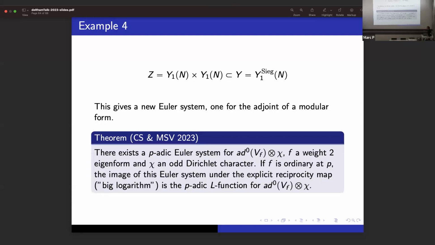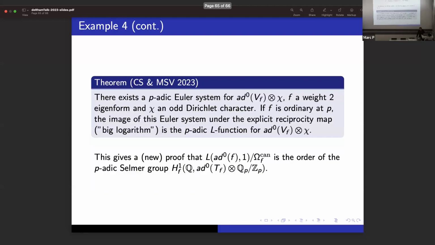This is a theorem proved jointly by myself and my current PhD student at Princeton, Marco Sangiovanni Vincentelli: there exists a p-adic Euler system for the adjoint representation of a modular form twisted by a finite character. That Euler system can be related to a p-adic L function in some particularly useful cases.